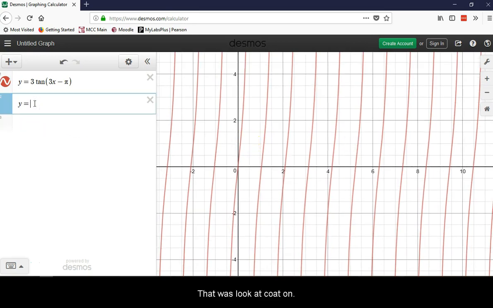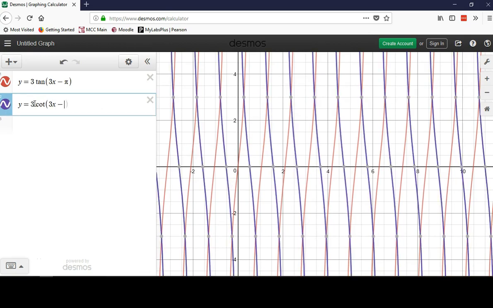Now let's look at cotan. And look at that. So where the asymptote is, that becomes the root, if you will, the solution where you go through wherever it was before. And then it grabs in the same spot.